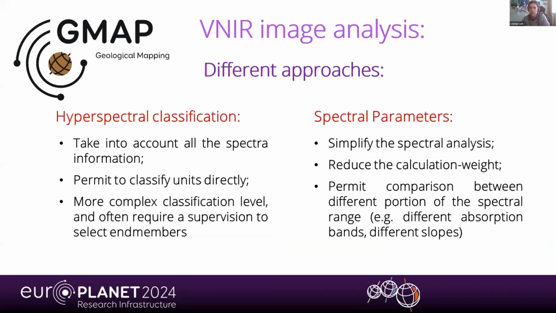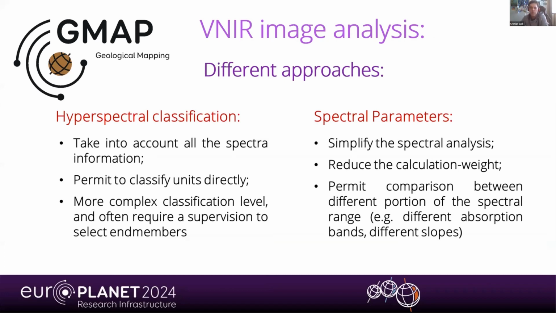This kind of information can then be studied generally following two different approaches when we are looking at images from remote sensing: try to specifically classify an image with some kind of tools, or study specific spectral parameters that permit us to summarize the information in a lower number of wavelengths.